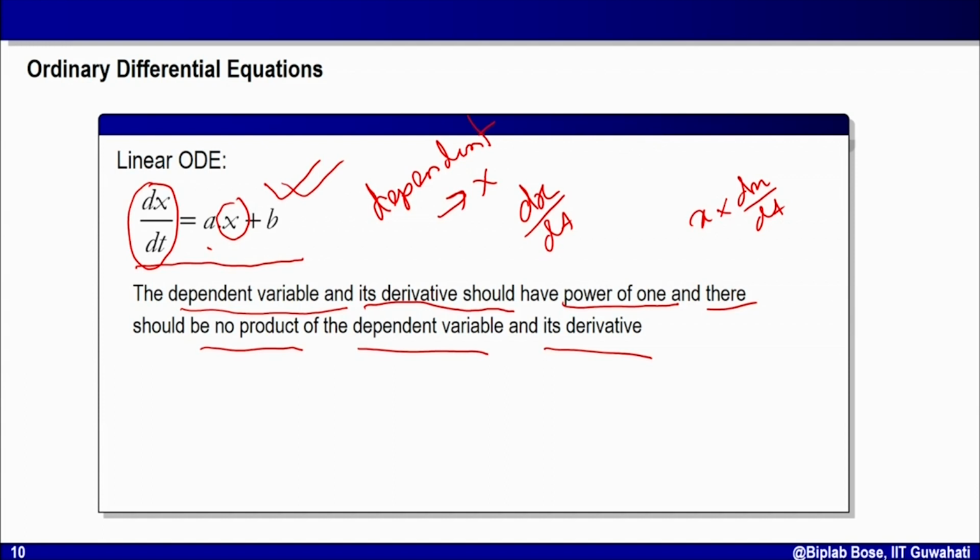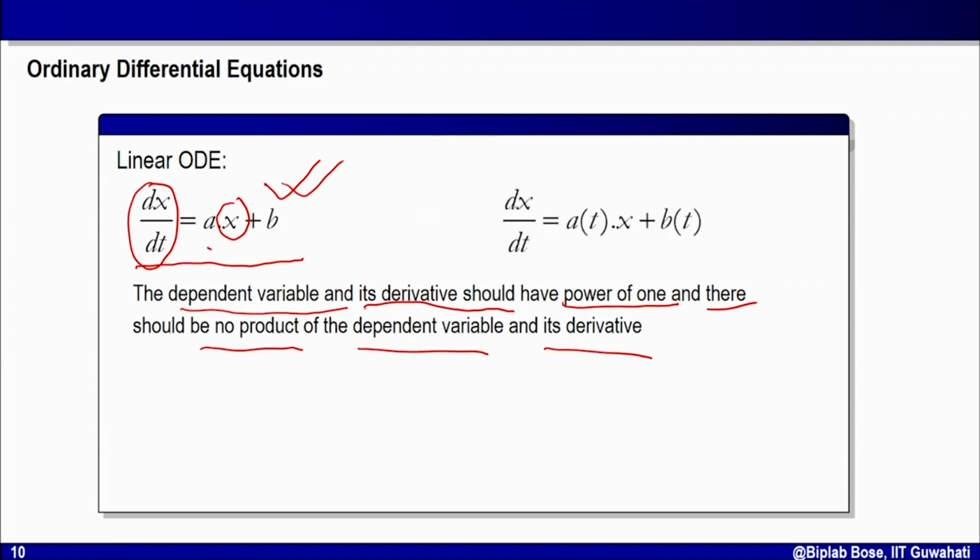I can have a slight variation of this linear ODE also. Let us see that. In the previous example, A is a constant. Whereas in this second equation, we have dx dt equal to A, which is a function of time, into x, plus b, which is again a function of time.